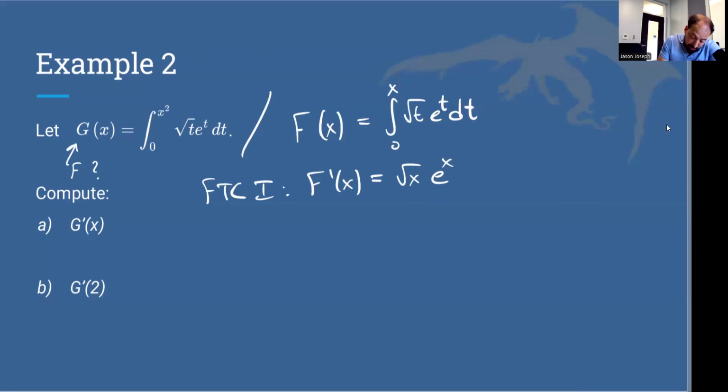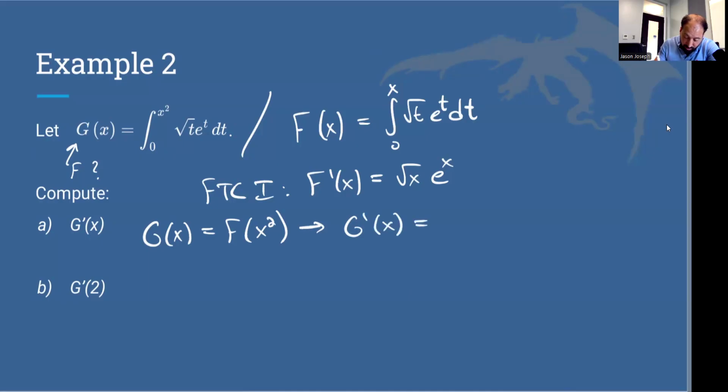So big G of x is big F of x squared. Now I can figure out G prime of x in terms of F prime. This is going to be F prime of x squared times 2x by the chain rule.